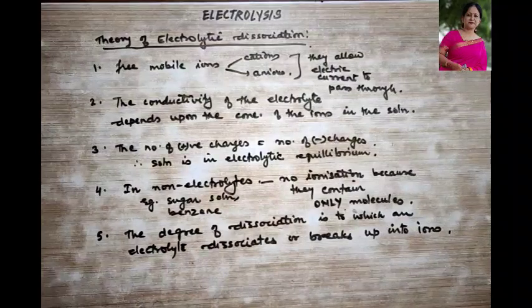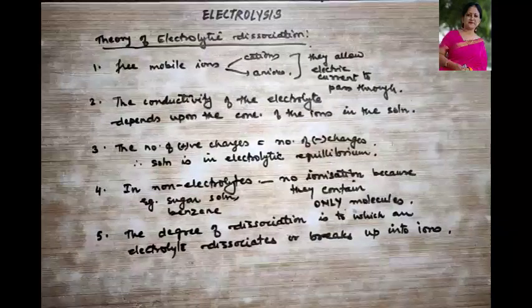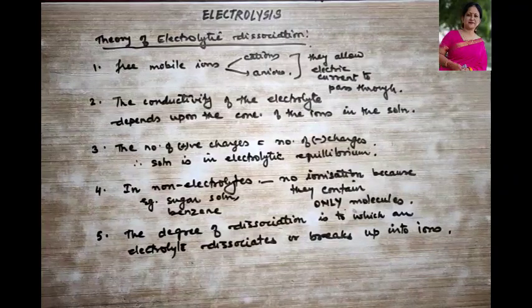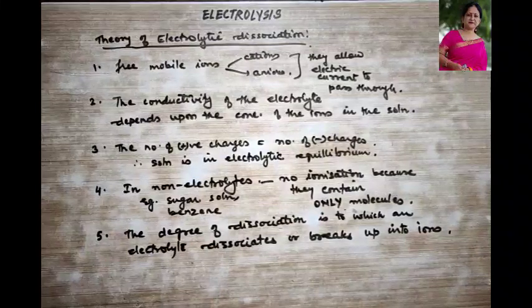So this was the difference between Arrhenius and the modern concept. Once again, I'll repeat. Arrhenius stated that water ionizes electrolytes, but the modern concept says that even in the solid state, the molecule contains electrostatic forces of attraction. Water only allows these ions that are already present there to become mobile, by breaking the electrostatic forces between them. So this was the theory of electrolytic dissociation.